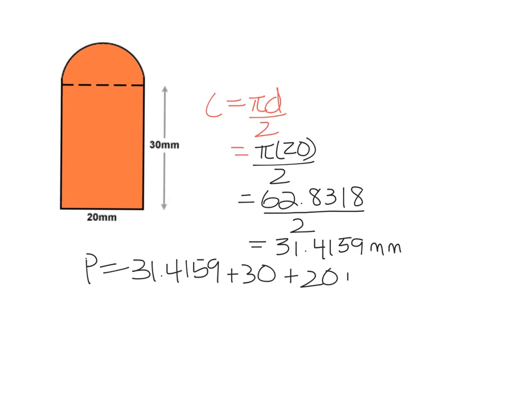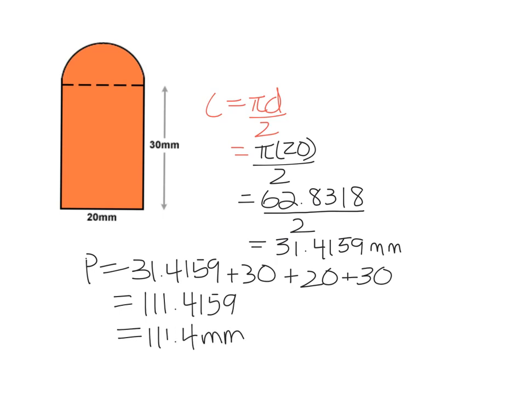So plus 30. And then I just add all those up. And I get 111.4159. Rounding to the nearest tenth, I get 111.4 millimeters. And that's how you do that kind of question.